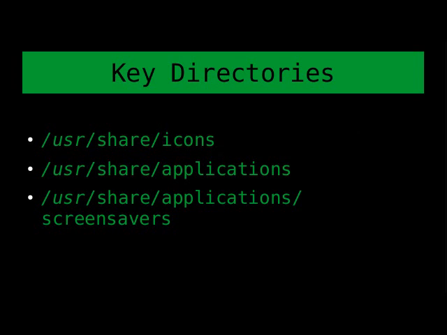So key directories we're going to be looking at here. Anything in the user share is kind of more settings, but it's not really settings in the way that things in the etc directory are. etc is meant for you to change everything. These are meant to be just configuration that's set up, and generally you would leave it alone, but you might add to it.